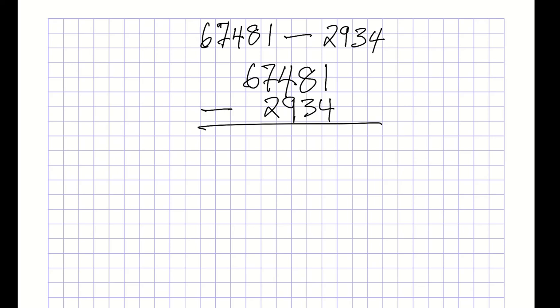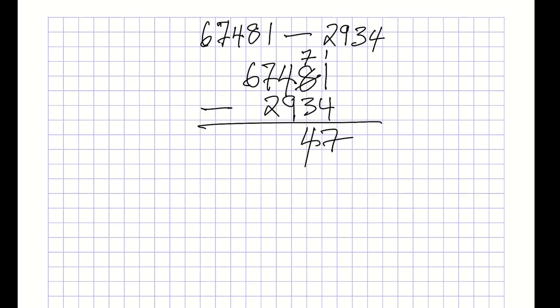You line it up like this, and you start doing the operation. Now, when you take away 4 from 1, you can't. So you have to borrow 1 from here. You cross out 8 and put 7, then put the 1 here. That 1 becomes 10. 10 plus 1 is 11. 11 minus 4 is 7, right? And then you say 7 minus 3 is 4.